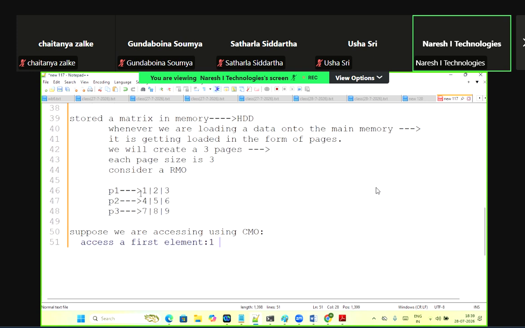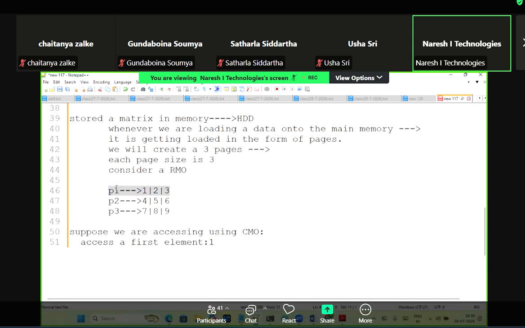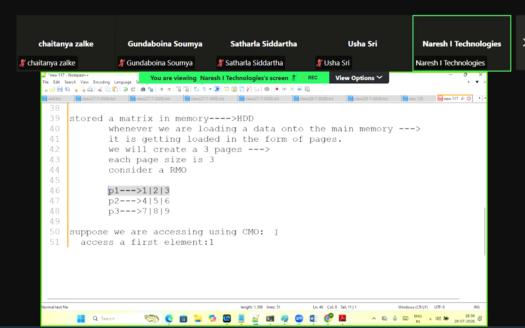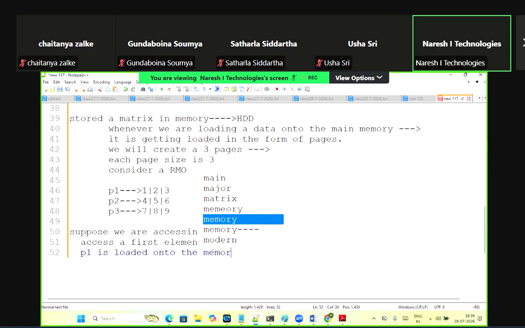So access a first element, and the first element is one. Now guys, initially whenever I'm trying to access, it will load the page one onto the memory. Now you will access the one guys, not at all an issue, because page one is on the RAM now, and you can easily get the first element.